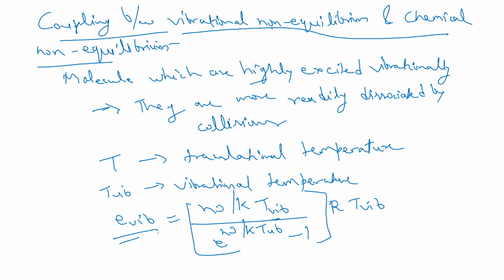So using this instantaneous vibrational energy, we can find the instantaneous vibrational temperature. The higher this vibrational temperature, the more particles will be in the higher vibrational energy levels, and it will be easier for them to dissociate.